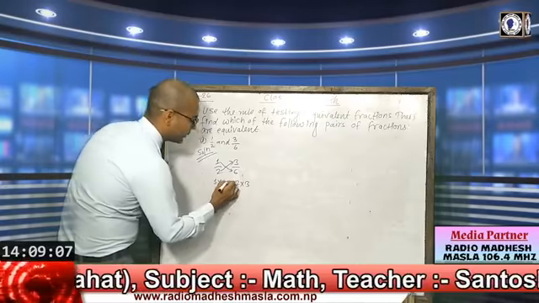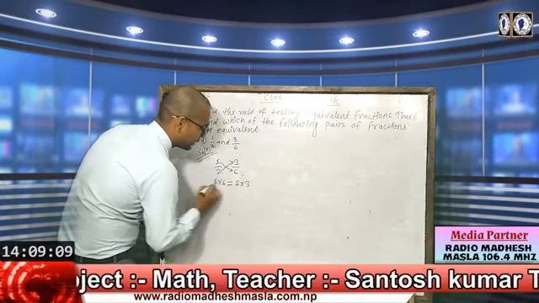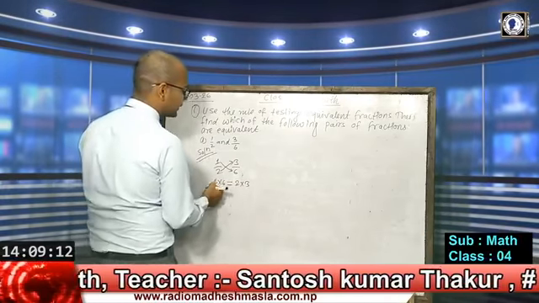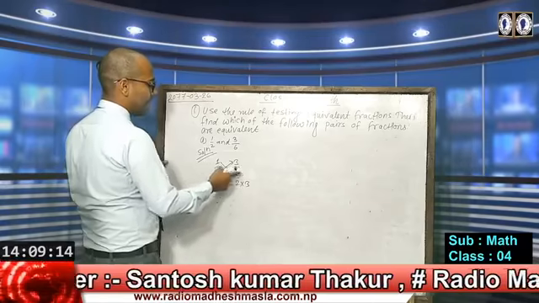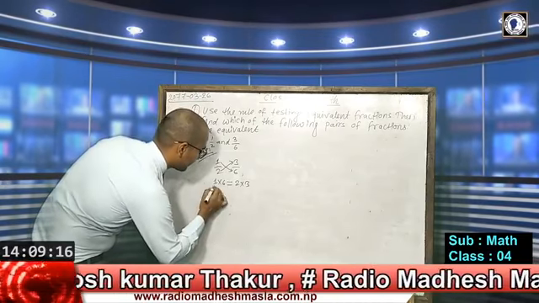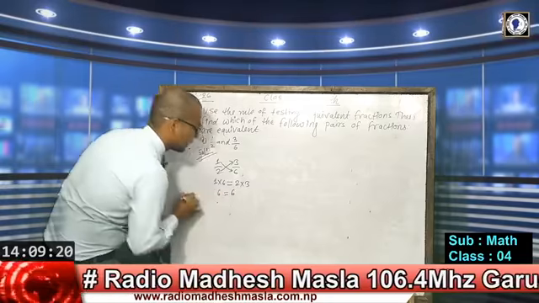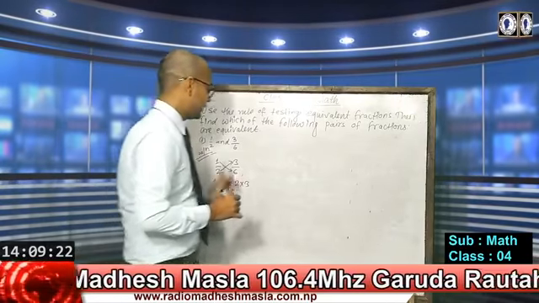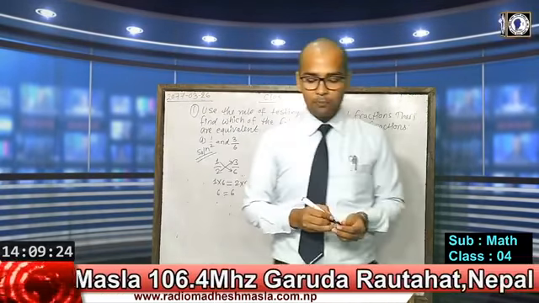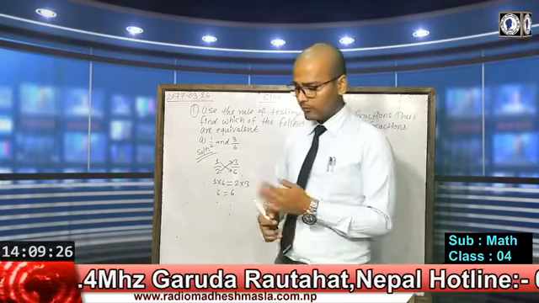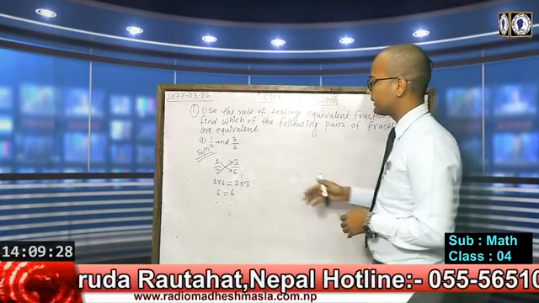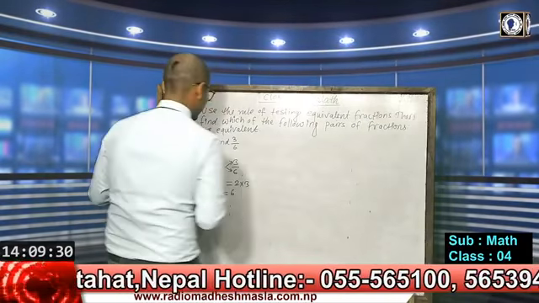So we can give an equal sign here. It represents that these two fractions have the same value, so we can write: 1 into 6, 6, is equal to 2 into 3, 6. The given two fractions have the same value, so in this condition we can say that they are equivalent fractions.